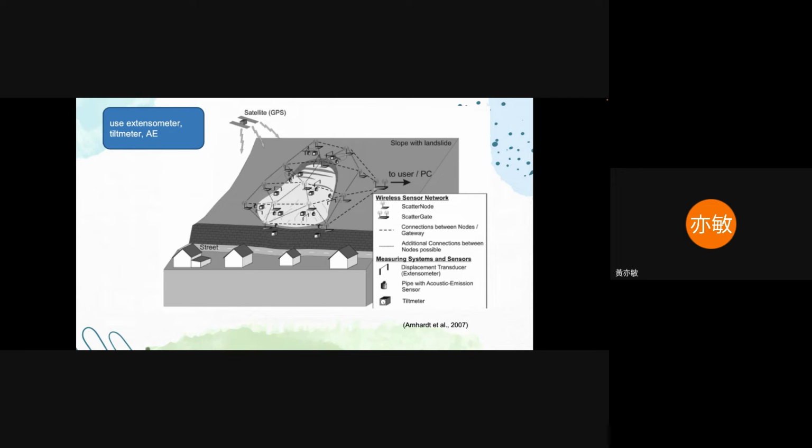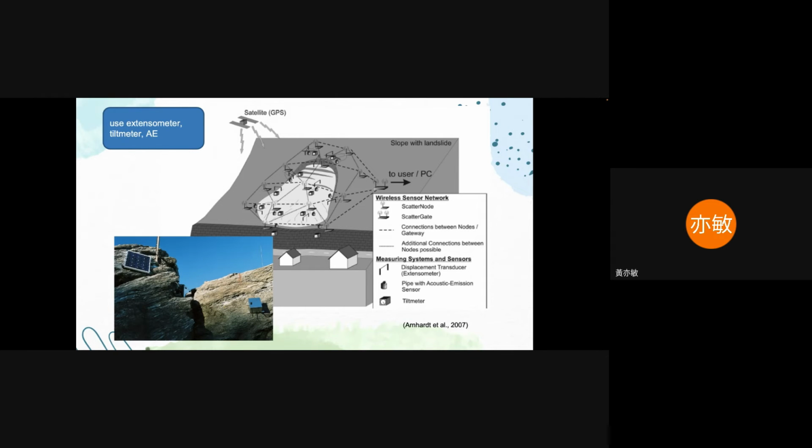Another one is for rock. If you have a rock slope, we can simply put the sensors on the surface of the rocks, because whenever the rock is moving, they will send out a signal. And in this paper, the authors also used the satellite to receive the GPS.